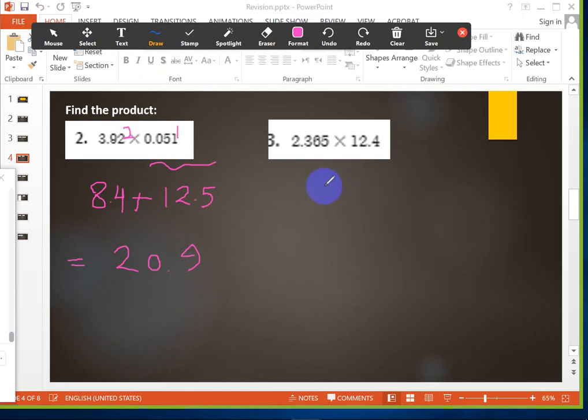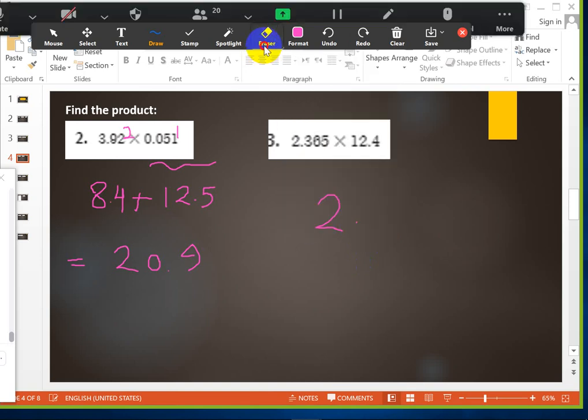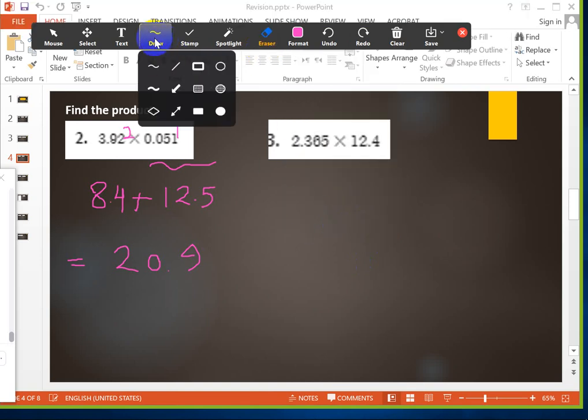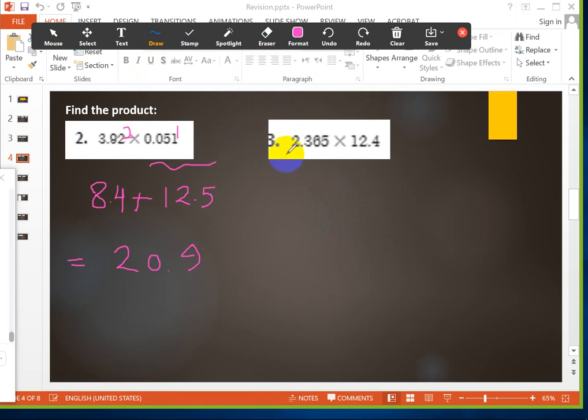So I want to multiply 2.365 multiplied with 12.5. I will write it for you.